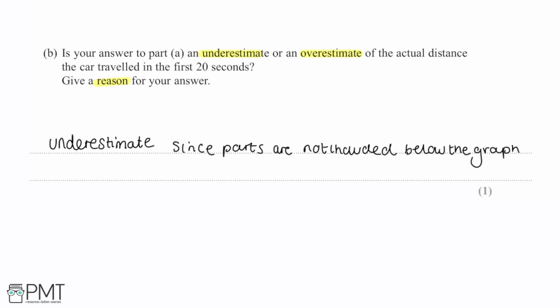It might make sense to put the word some in here, so some parts are not included below the graph when they should be to get the accurate distance, so therefore it's an underestimate because not all of the area has been taken into account. So that gets us the mark here. We have to make sure that we state it is an underestimate and then go on to explain why.